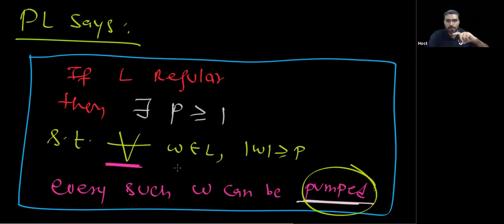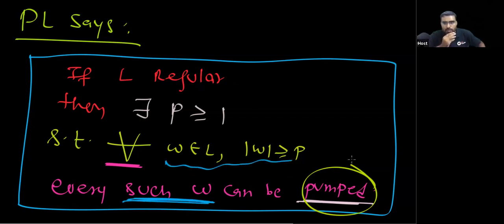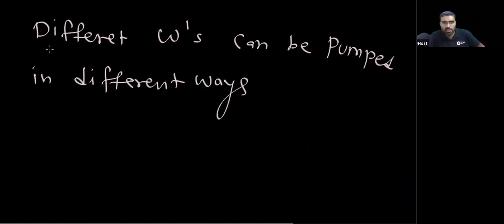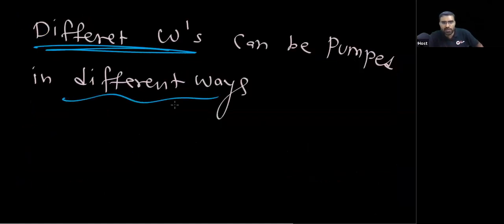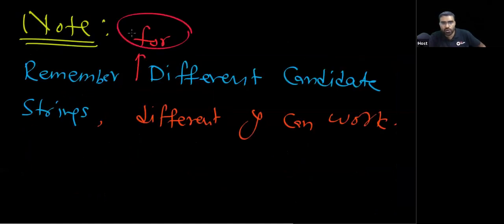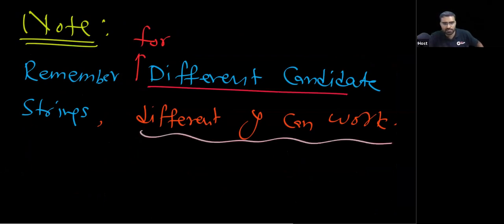Different candidate strings can have the same y or different y, we don't care. Every such w should be pumped. So different w's can have different y.